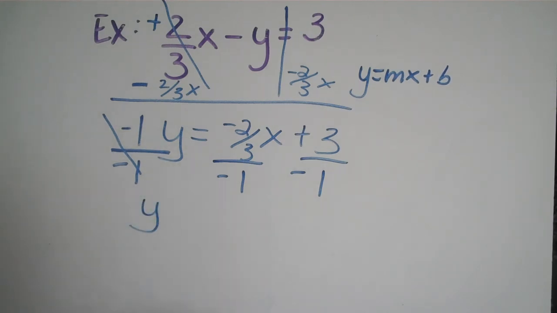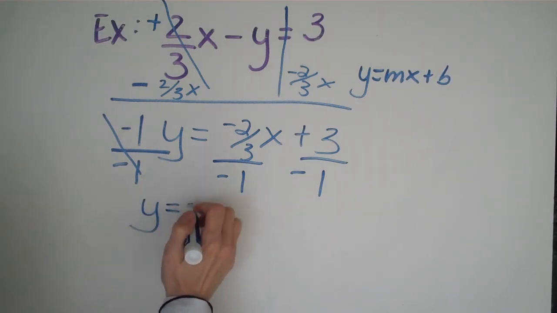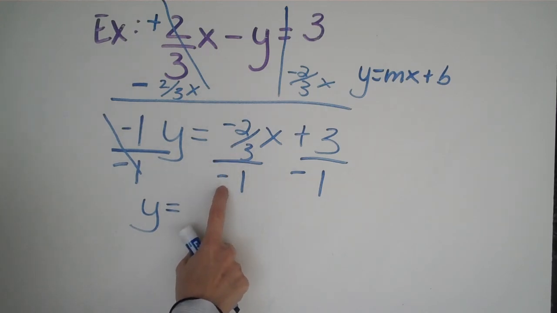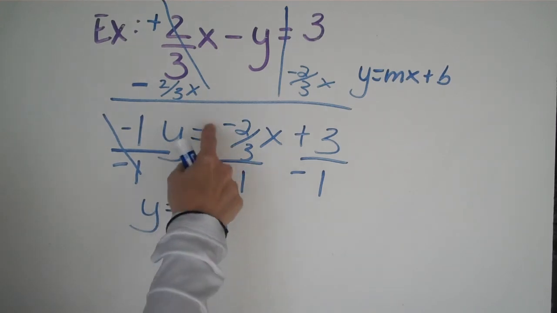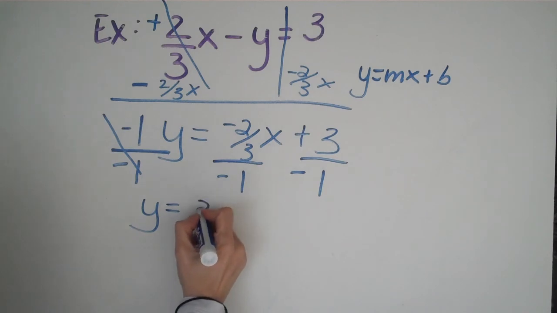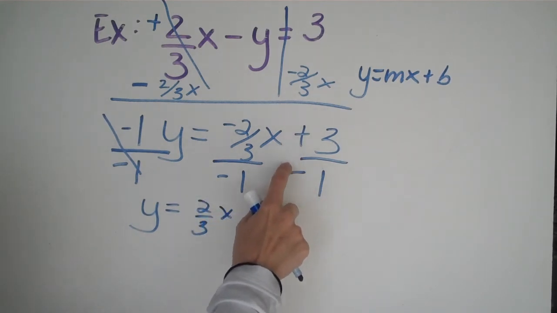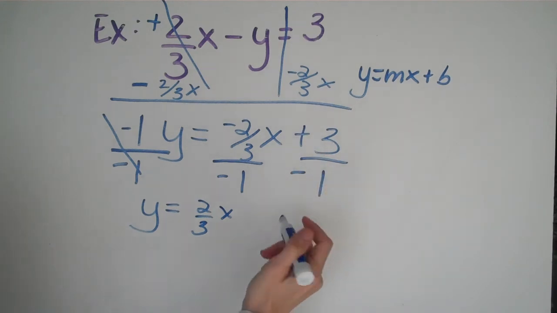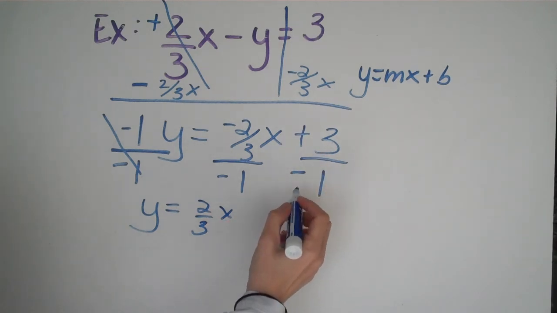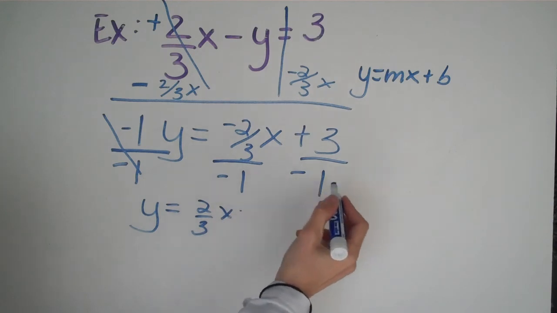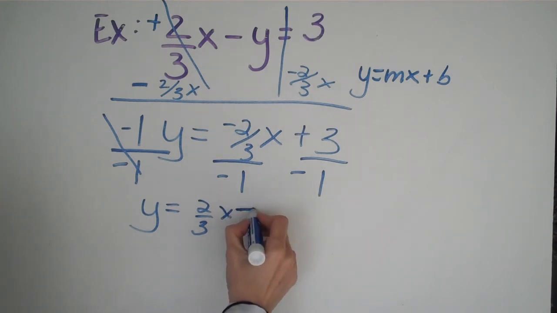We want it to just be a y. So then y equals, well, negative 2/3 divided by negative 1 just makes this a positive 2/3 x. And then different signs, when you do division, you get a negative answer. So it becomes a plus a negative 3, which is the same as minus 3.